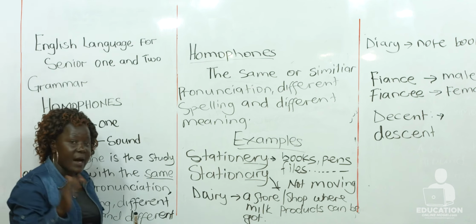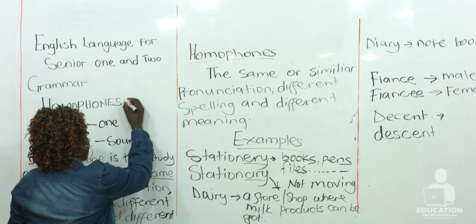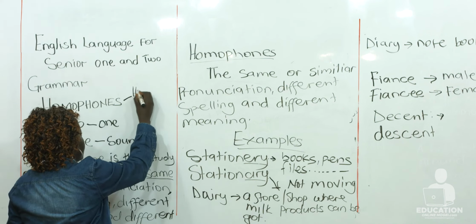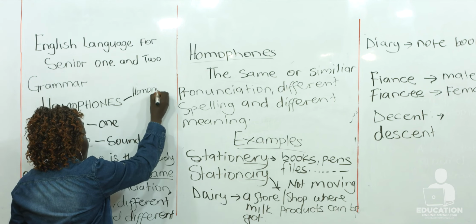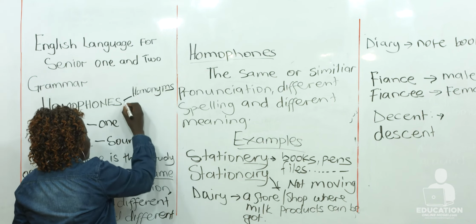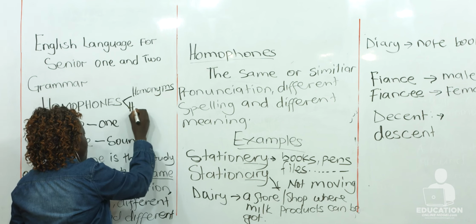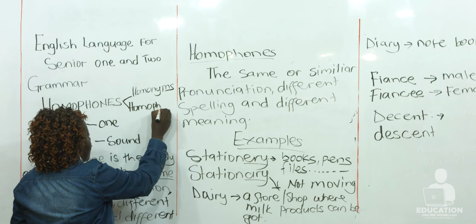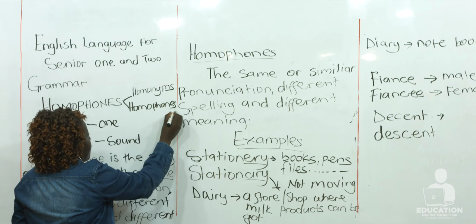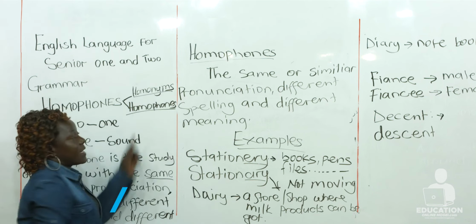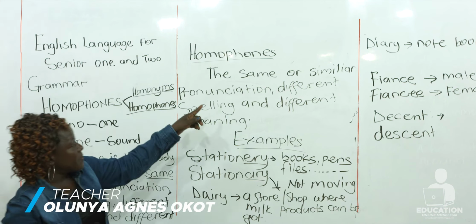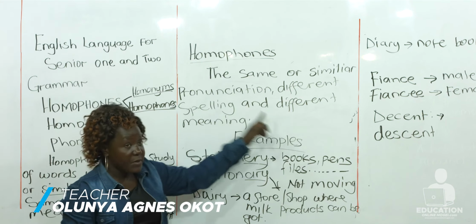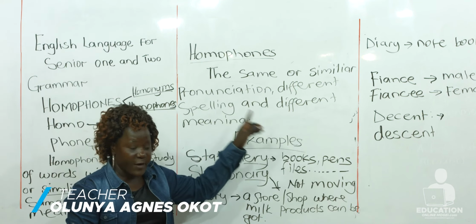And next time when I come back, we will look at this one in detail, homonyms. Meanwhile, today we looked at homophones in general. Next time we shall look at this one with same spelling, same pronunciation, only different meaning.